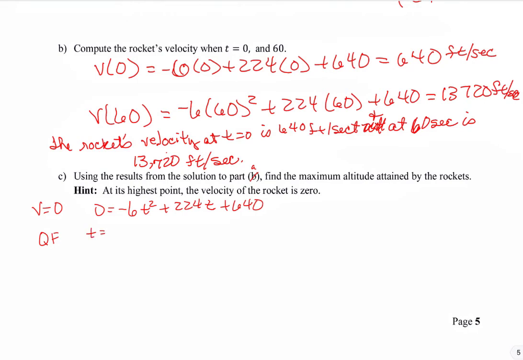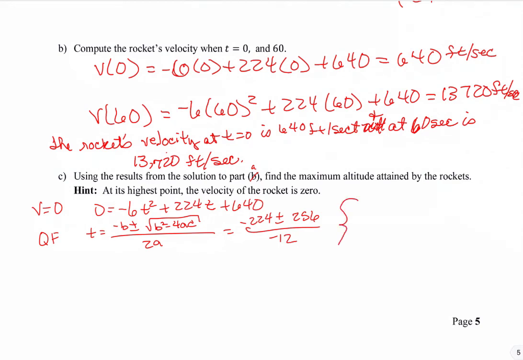So t equals -b plus or minus the square root of b squared minus 4ac all over 2a. And what I found was -224 plus or minus 256, because you could take the square root of that number, over -12, and so I came up with the two answers of -8/3 and 40. So it was actually factorable.